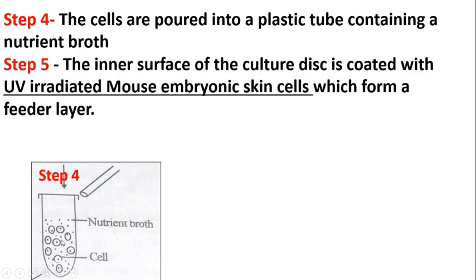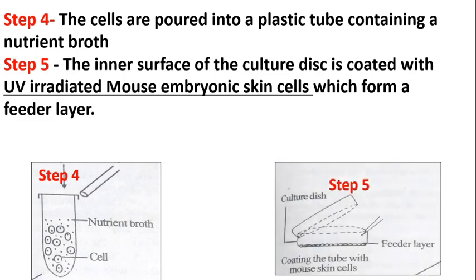And then step 5. The inner surface of the culture dish is coated with UV irradiated mouse embryonic skin cells. Okay, so after step 4, what we have to do? You have to take a culture dish, and the culture dish should be coated with mouse skin cells, and this is called feeder layer.